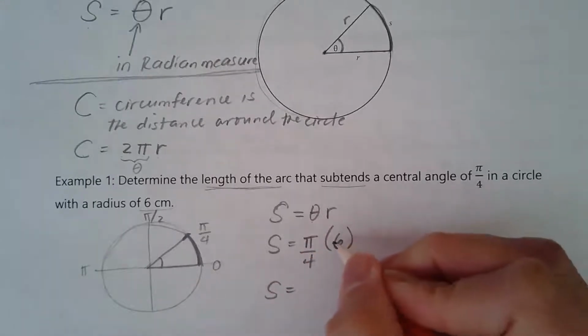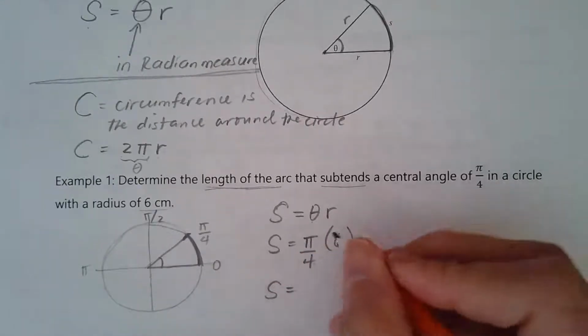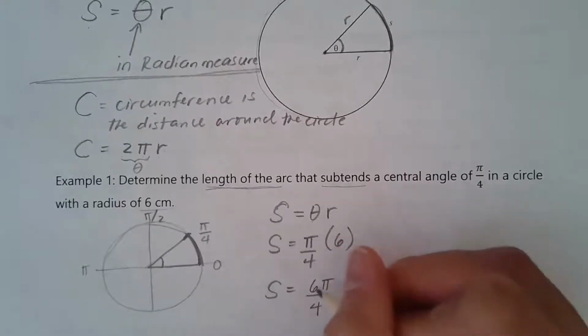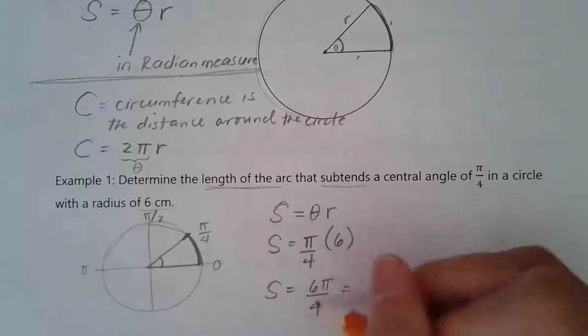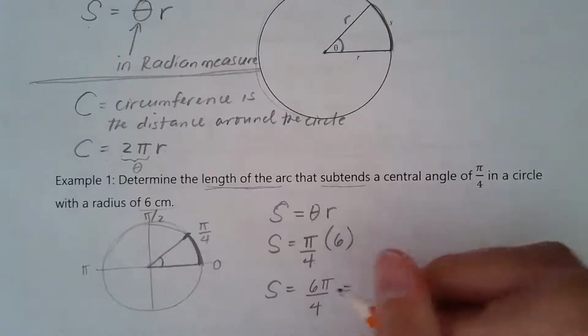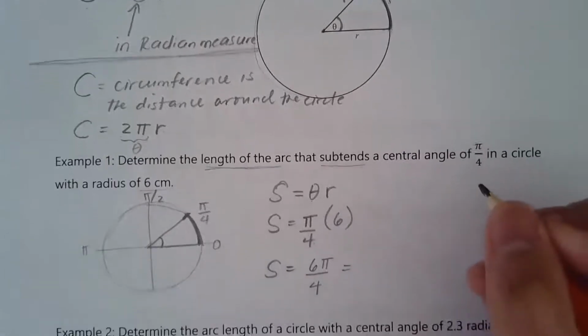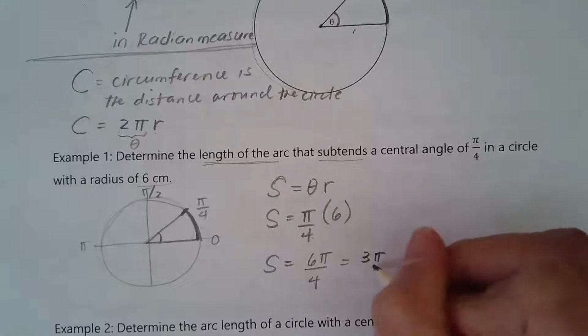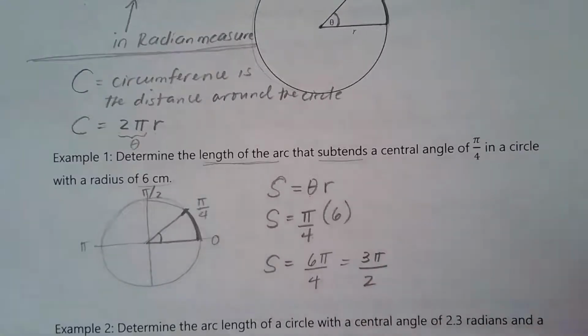That's going to be 6 times pi divided by 4, so 6 pi over 4. Of course, we can simplify that fraction by dividing both the numerator and denominator by a common factor of 2. So this is going to be 3 pi over 2.